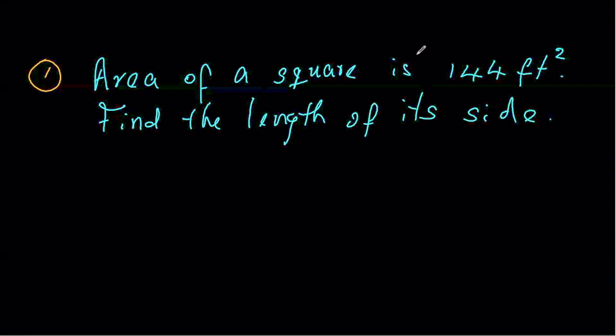So, since area is given, I would start with the formula A equals side squared, because it is a square. Area is given as 144, so I would plug in 144 here, and S is missing.